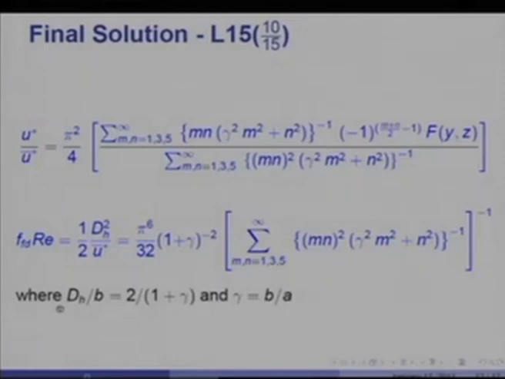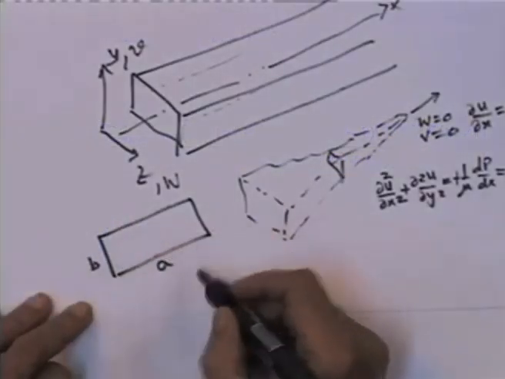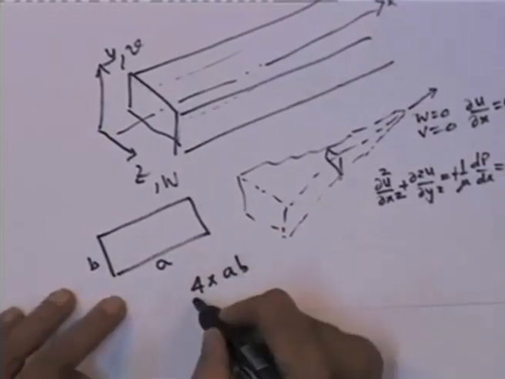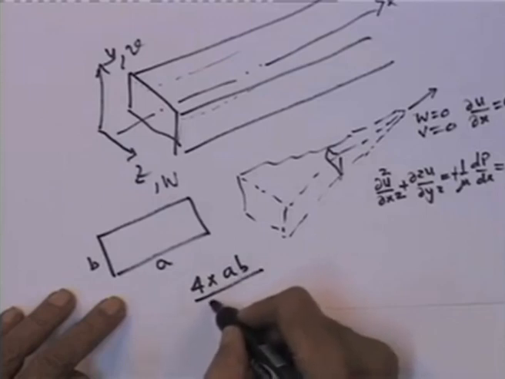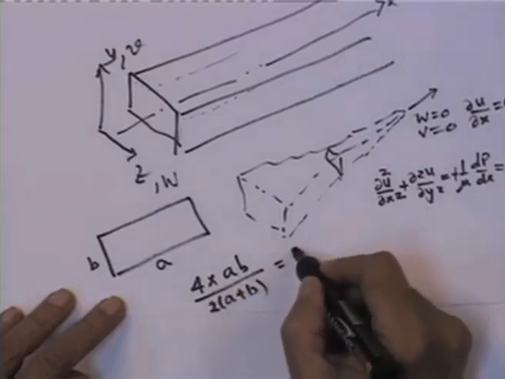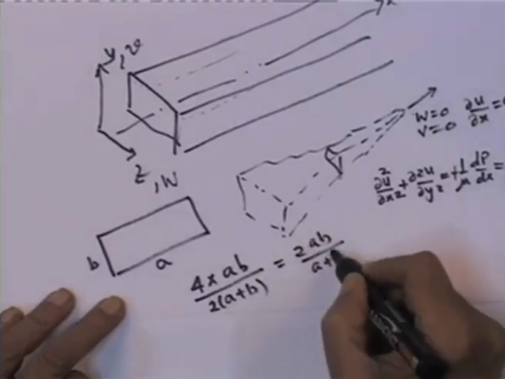d_h, of course, the hydraulic diameter in this particular rectangular case, would be 4 times the area of cross section ab divided by 2 times (a plus b), which gives me 2ab divided by (a plus b).